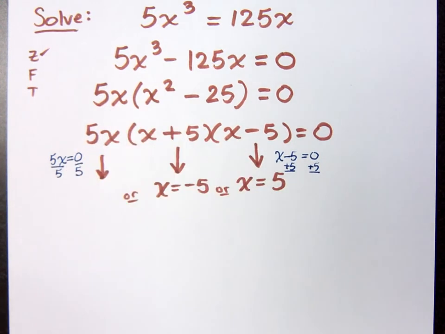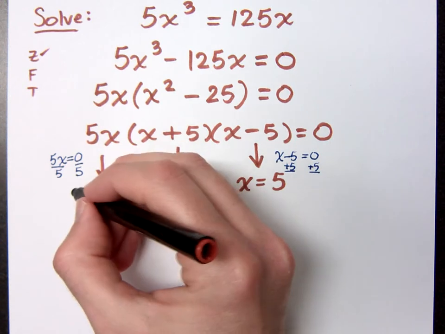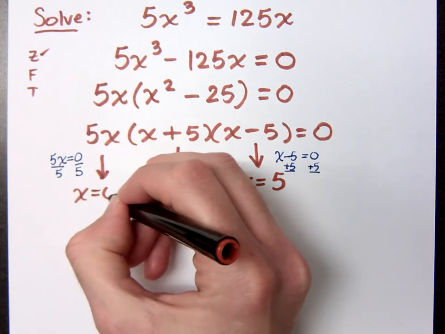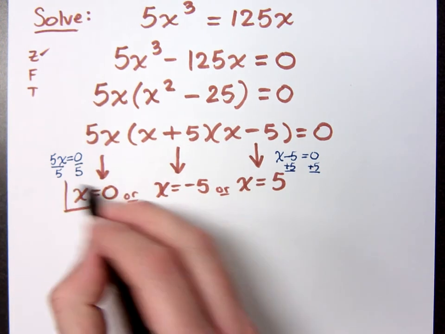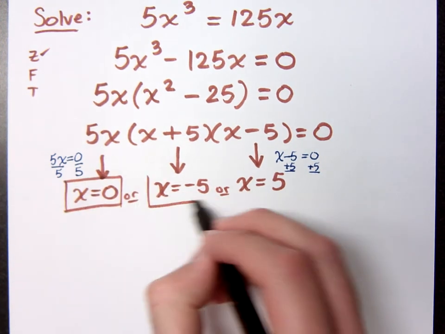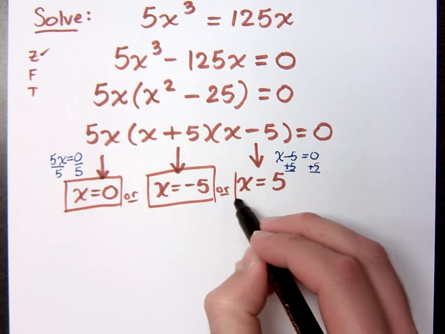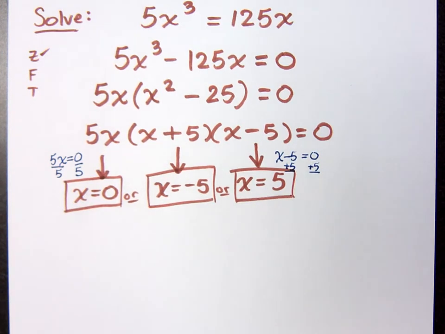Which means x equals what? 0. If I tell you that 5 somethings equals 0, how much is each something? 0. So you see here we do have our 3 solutions. x equals 0, negative 5, and x equals positive 5.